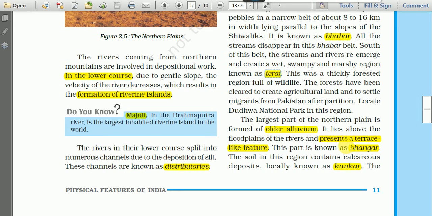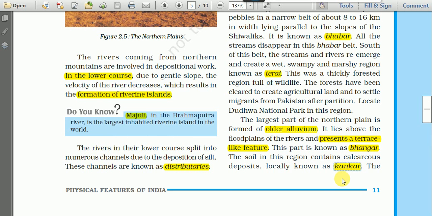And let us continue. The largest part of the northern plain is formed of older alluvium, and it lies above the floodplains of the rivers and presents a terrace-like feature. And this part is known as bhangar. The soil in this region contains calcareous deposits locally known as kankar.